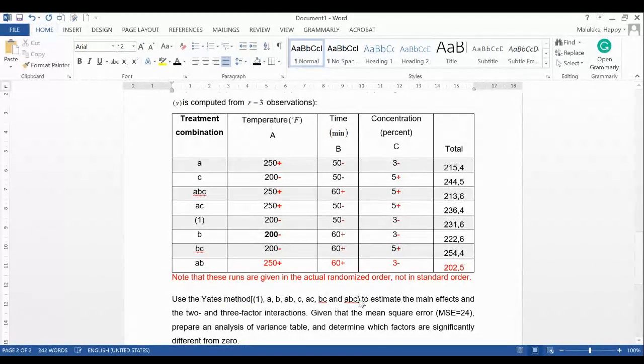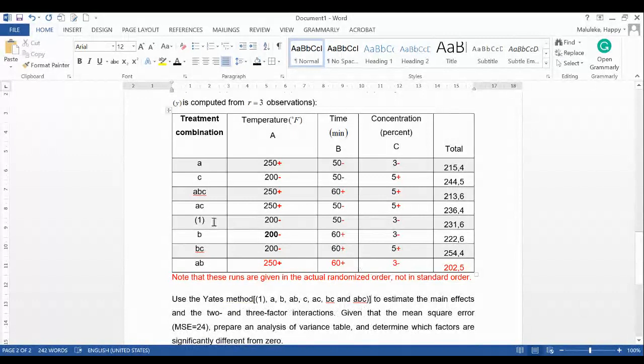So now you see your table. If you check your table, it's not in this order, right? So rule number 1, you must first rearrange your treatment combinations in this order, and move them with their totals.